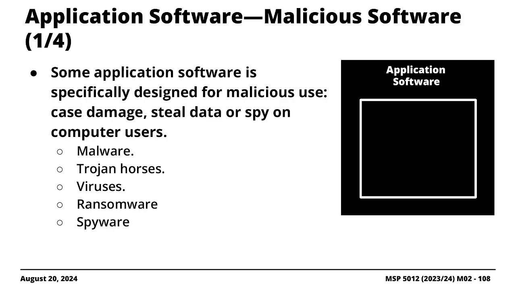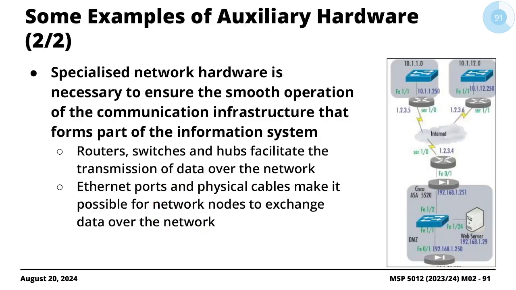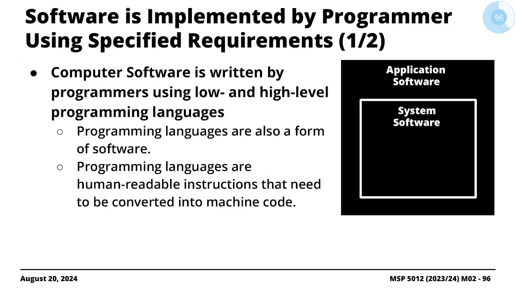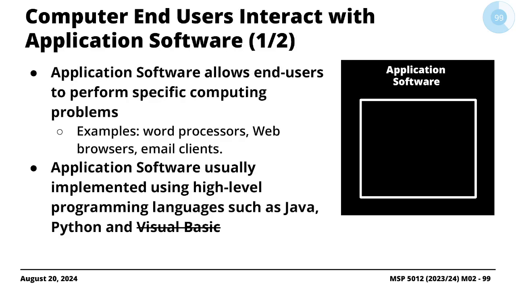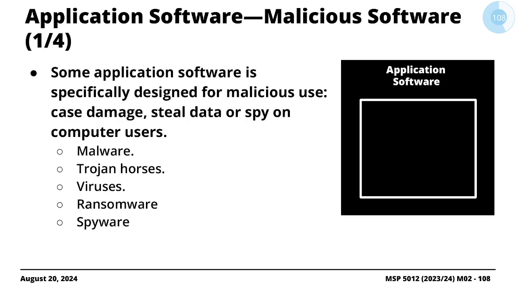Now, I want to draw your attention to a very important definition of application software. We said that application software is a type of software that allows end users to perform specific computing tasks. Okay, if you look at malicious software, like ransomware, right?